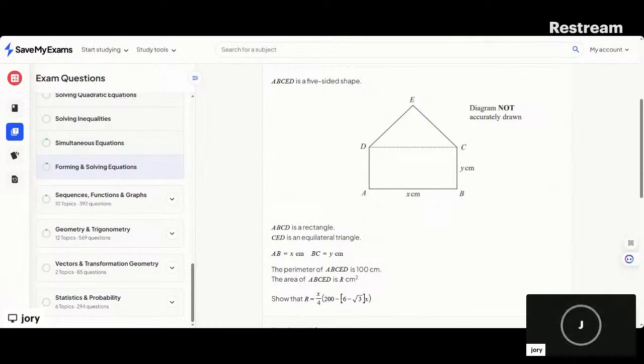So h equals square root of x squared minus 1 x squared over 4. So it's 3 over 4 x squared, square root. It's square root of 3 over 2 x equals h. Right, okay.